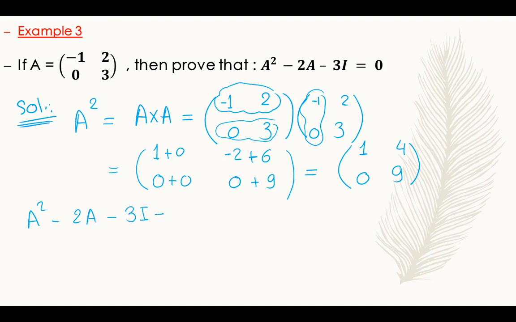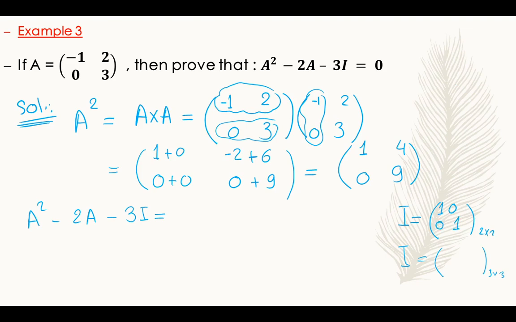So what is the matrix 3I? We all know that I is a matrix of order 2 times 2, or a matrix of order 3 times 3. The identity matrix is a matrix all of whose elements equal 0 except the elements of the main diagonal. So it will be 1, 0 and 0, 1.